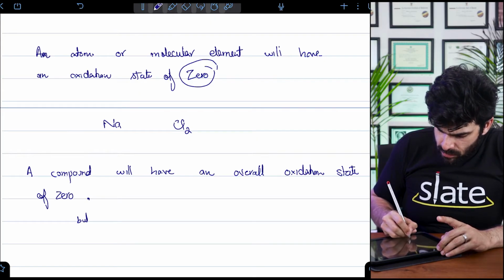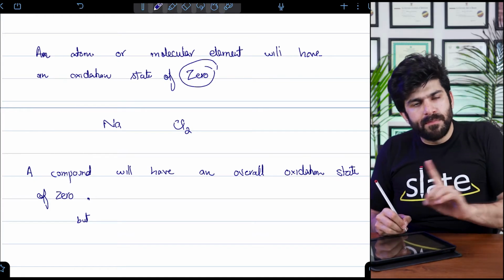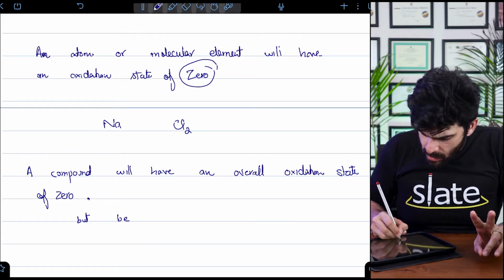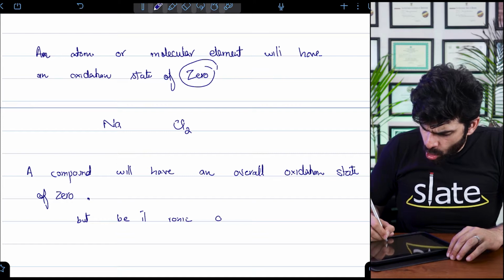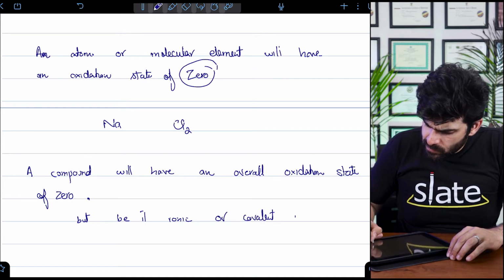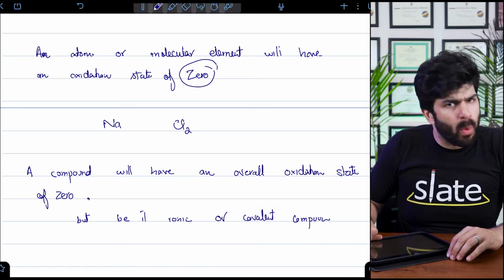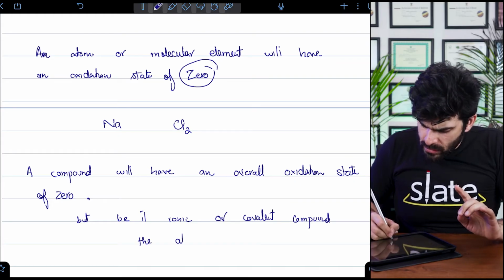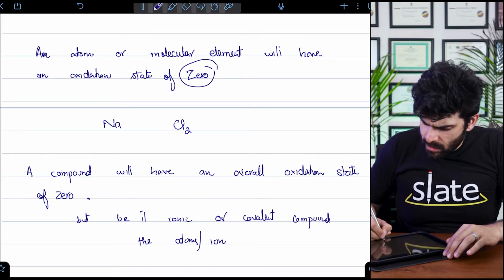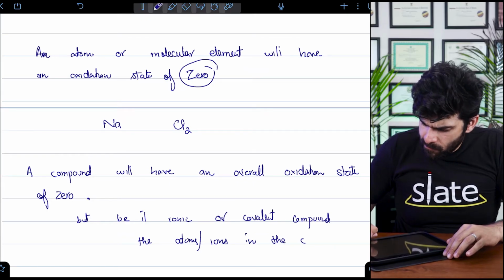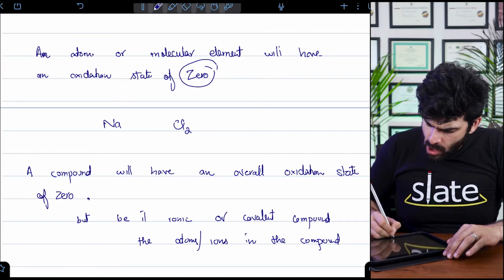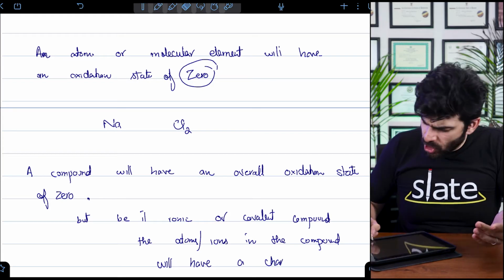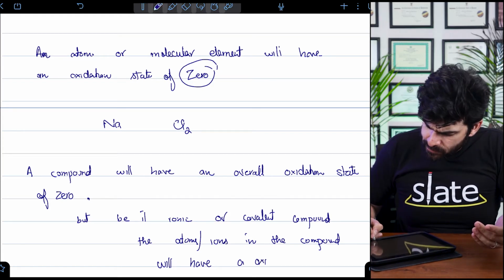But be it ionic or covalent compound, whatever it is, be it ionic, be it covalent, the atoms or ions in the compound will have a charge. I won't say charge, will have oxidation state.